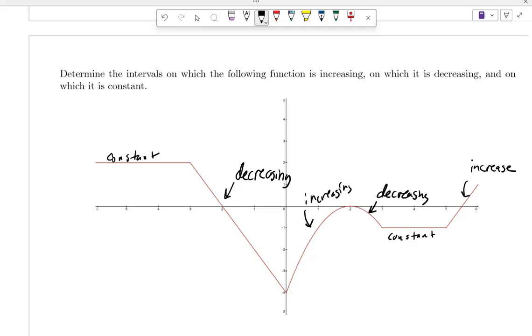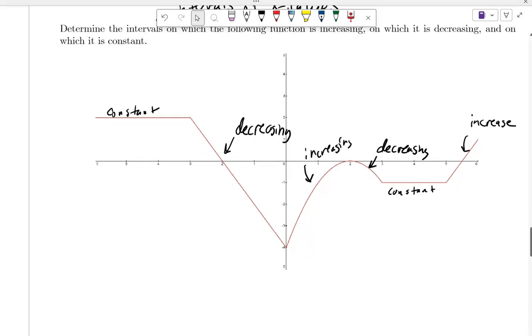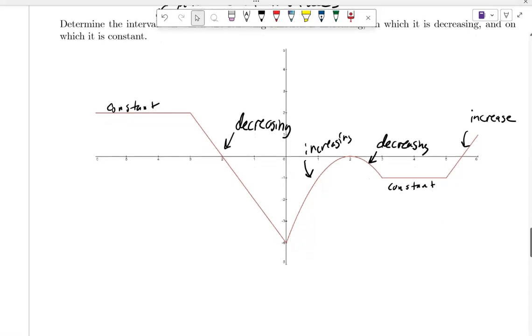When it asks you for the intervals, this is talking about intervals of x values. All right. So here, you already told me that, for example, it's increasing from this point to that point, right?